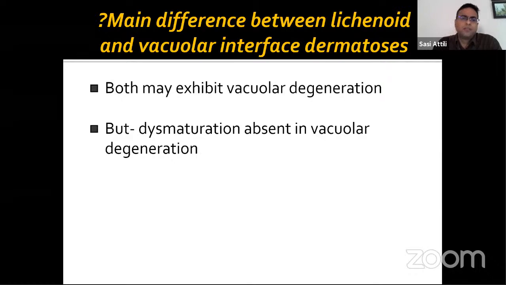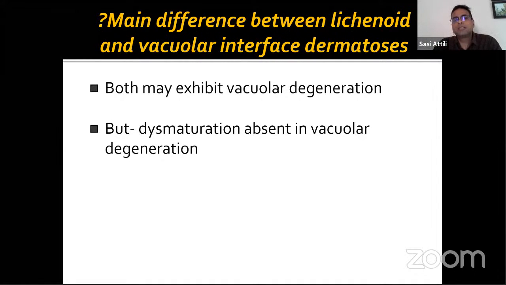For example, inflammatory vitiligo has very focal, sparse interface infiltrates, and you don't see colloid bodies. Colloid bodies are traditionally seen only in the cell-rich interface dermatoses.